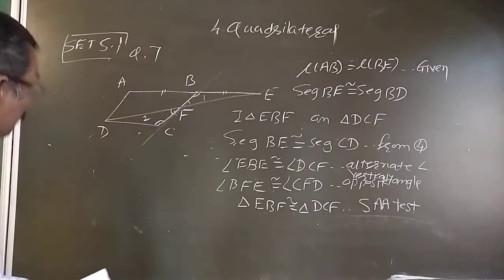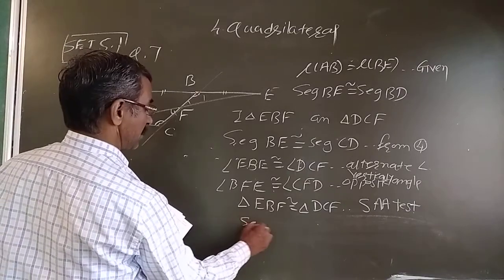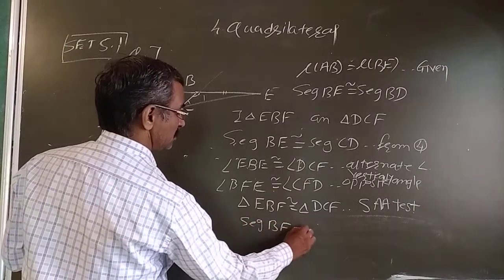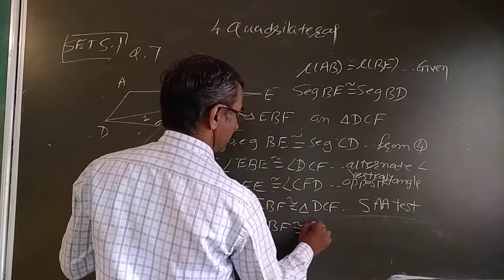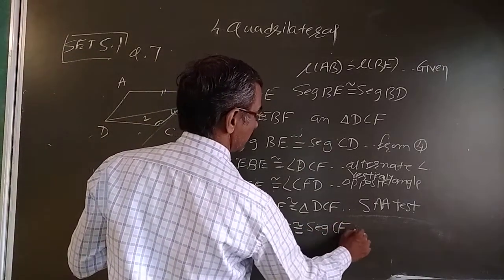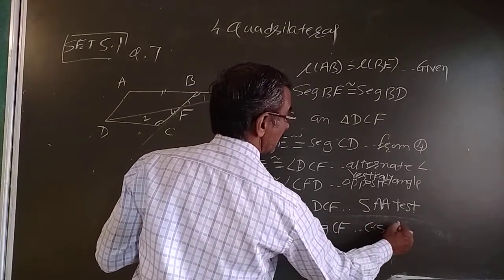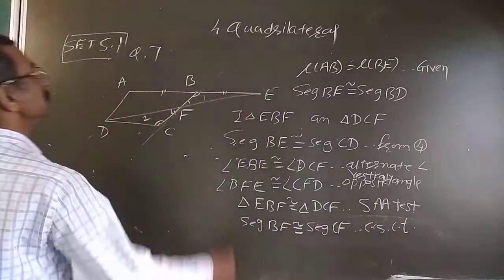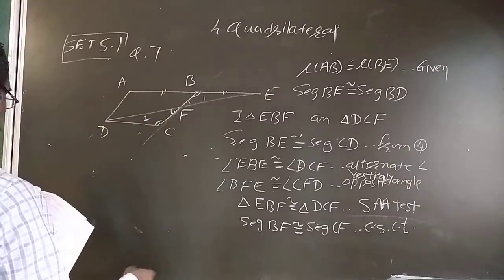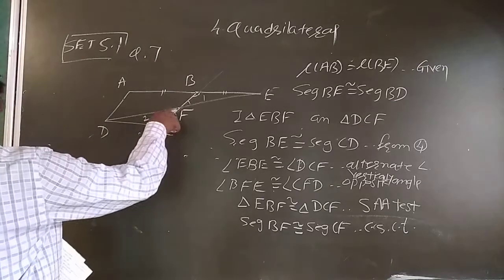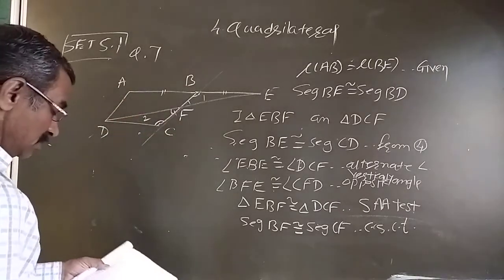When the two triangles are congruent, then their corresponding sides, segment BF, is also congruent with segment CF. The reason is that they are corresponding sides of congruent triangles. Therefore, the point F divides the side BC into two equal parts.